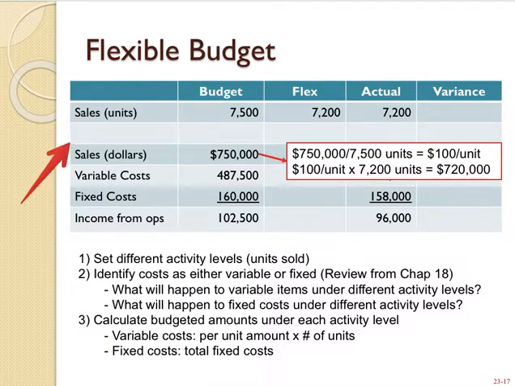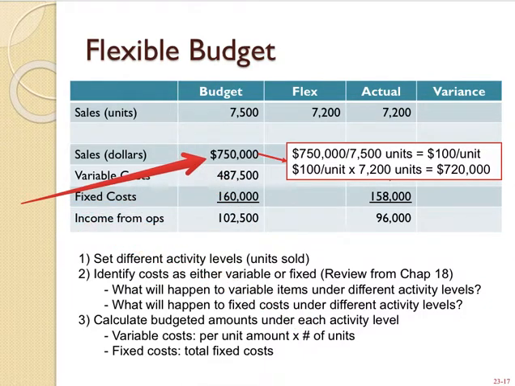And so then we know that sales are variable. So for the variable items, you calculate the flex budget amount by taking the per unit amount from the original budget and multiply that times the number of units under your flex budget.